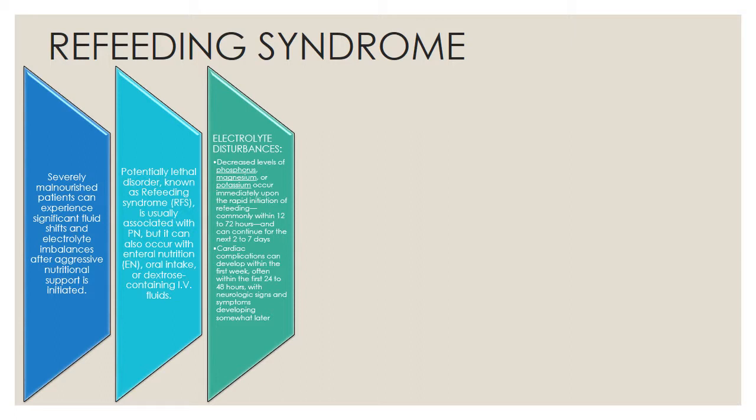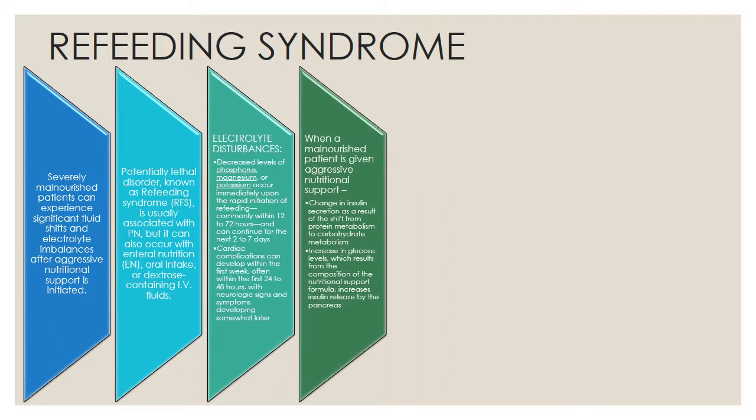Cardiac complications can develop within the first week, often within the first 24 to 48 hours, with neurologic signs and symptoms developing somewhat later. When a malnourished patient is given aggressive nutritional support, there will be change in insulin secretion as a result of the shift from protein metabolism to carbohydrate metabolism.